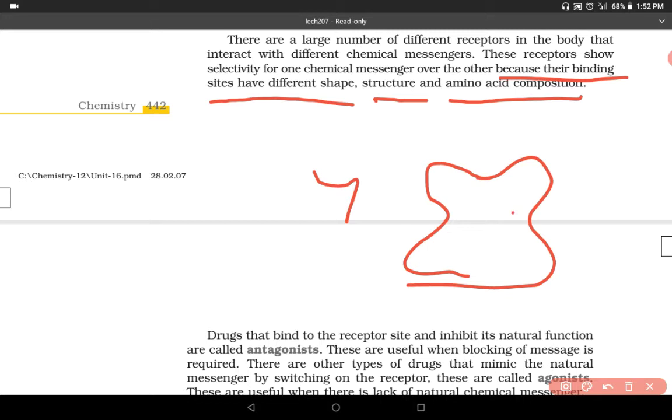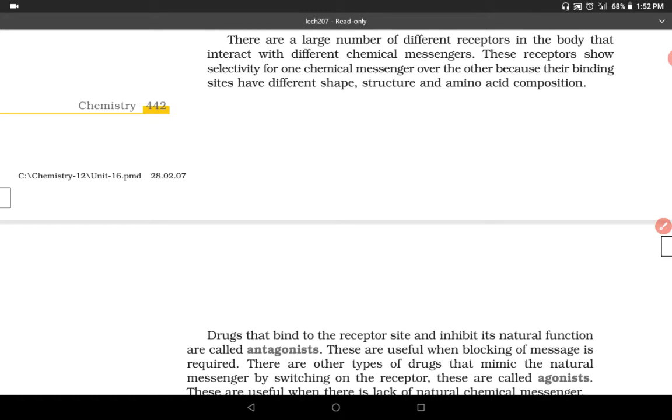Proteins are made up of amino acids. What amino acid composition is present in this receptor, which is present in the cell membrane? That also matters. So all the chemical messengers do not enter one specific receptor. This has to be understood.